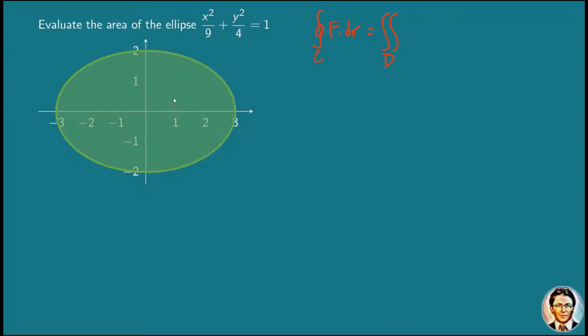So for this one, D is the region and C is the curve for the ellipse, which is counterclockwise. Double integral of Qx minus Py dA. Here F is the vector field with components P, Q.